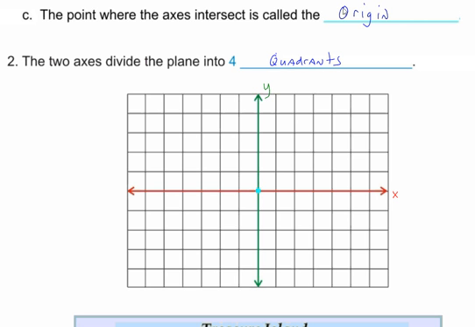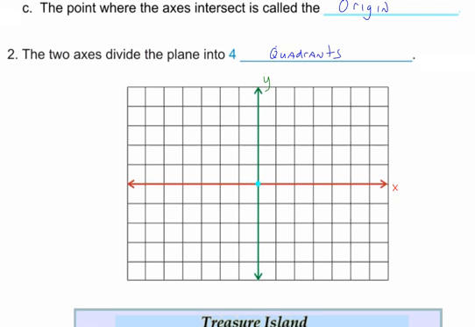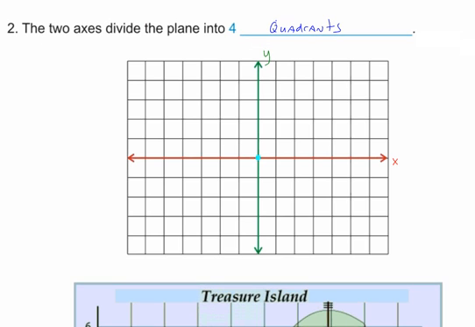Right? So the Cartesian plane is broken up into 4 quadrants by the x and the y axis. Well, everyone needs to know where quadrant 1 is, where quadrant 2 is, where quadrant 3 is, and where quadrant 4 is. And to make things more fun, we use Roman numerals for our quadrants.